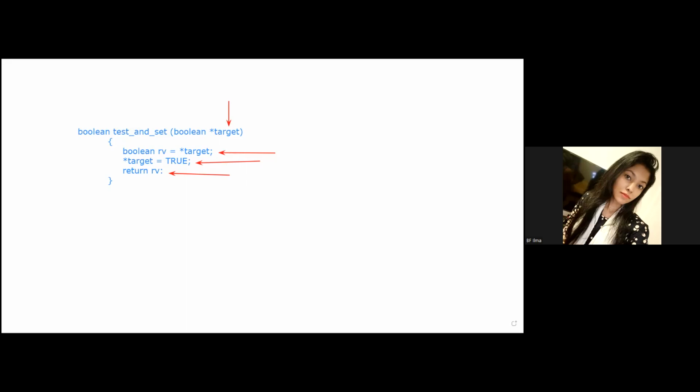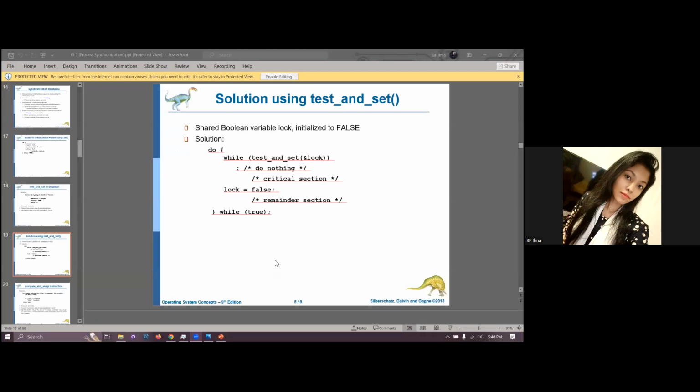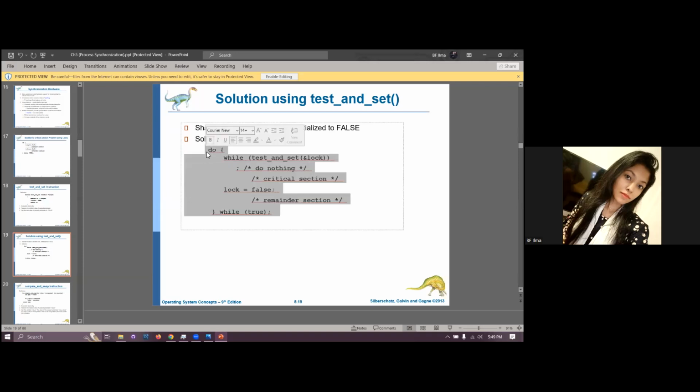Let's see how. Let's go back to the slides. Yeah, so this is the solution. It's the same structure.